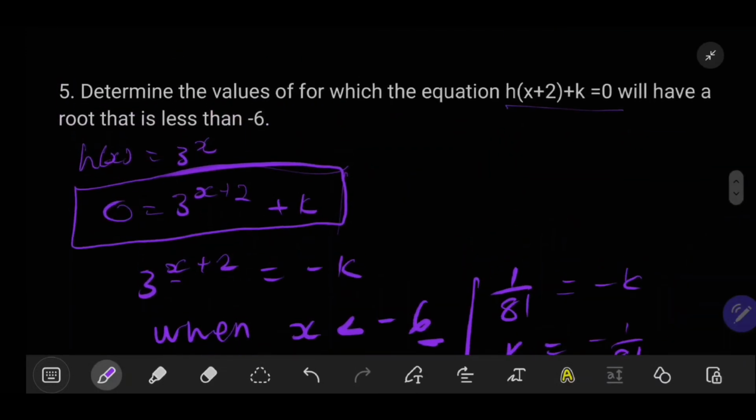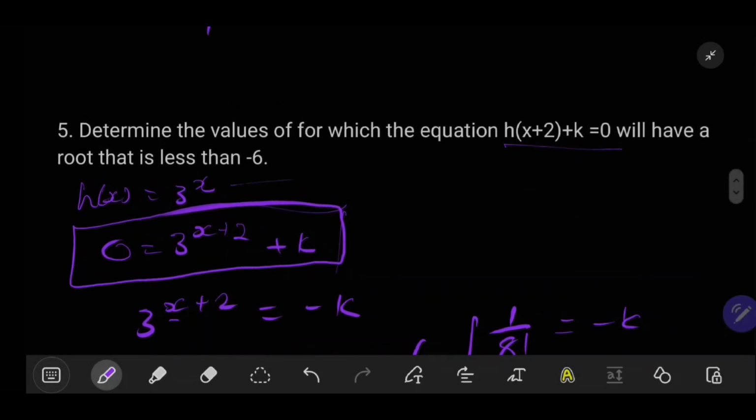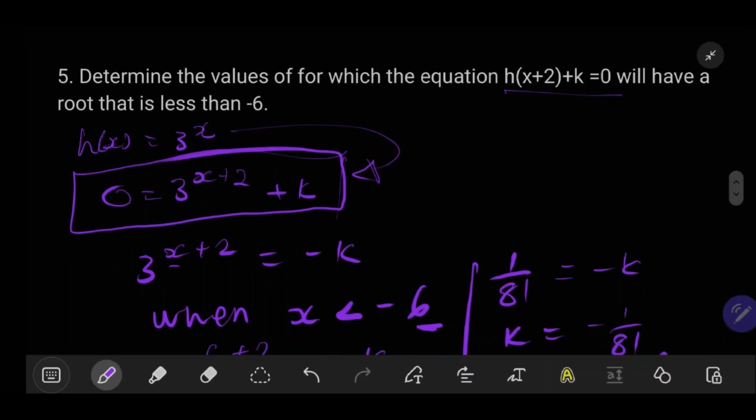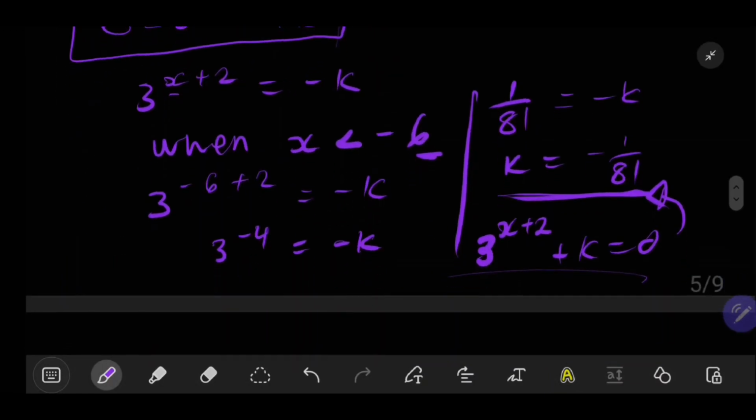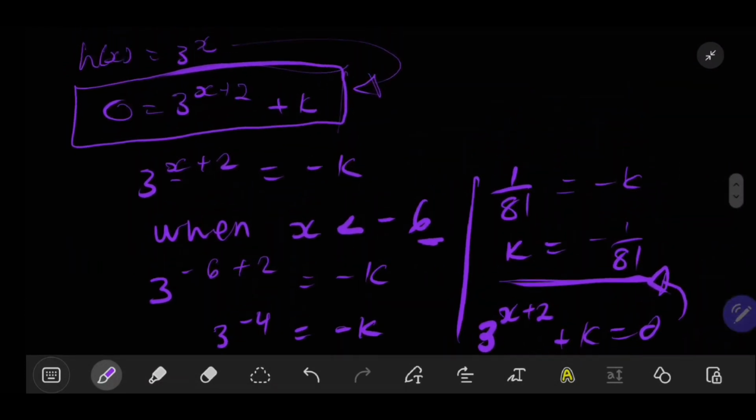And this is how we answer this type of question. We just needed to transform the h of x to the one that the examiner wanted us to use in order to determine the value of k, for which this will have a root less than negative 6. I hope it makes sense and it didn't complicate you.